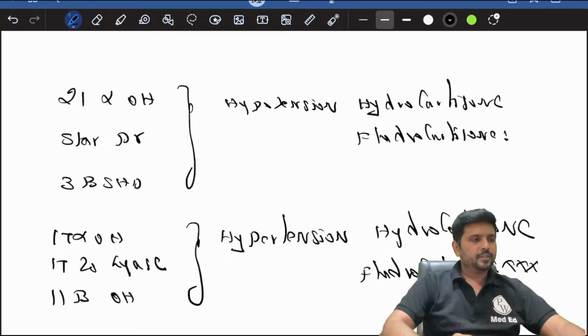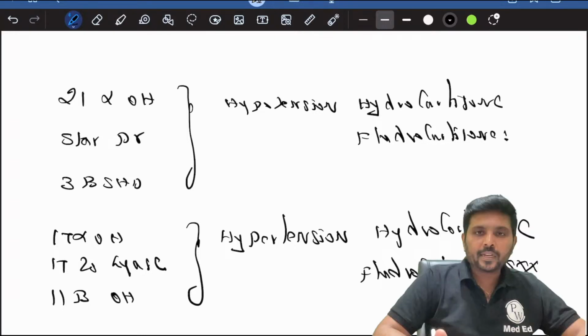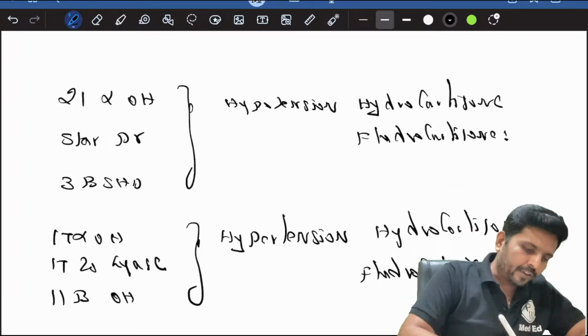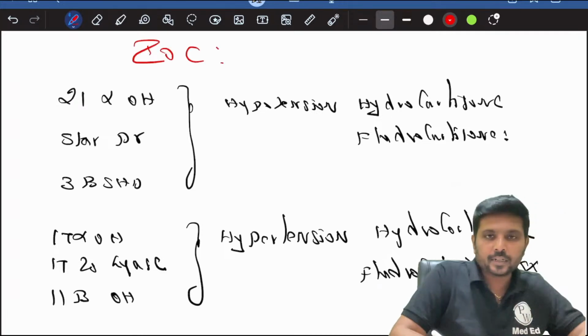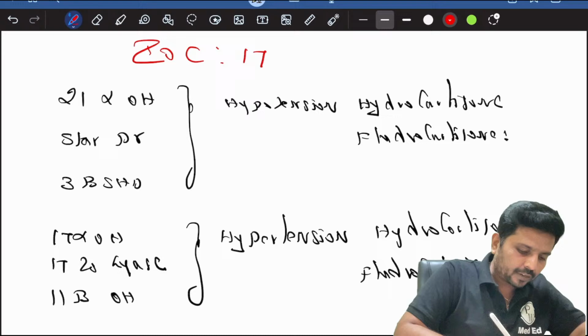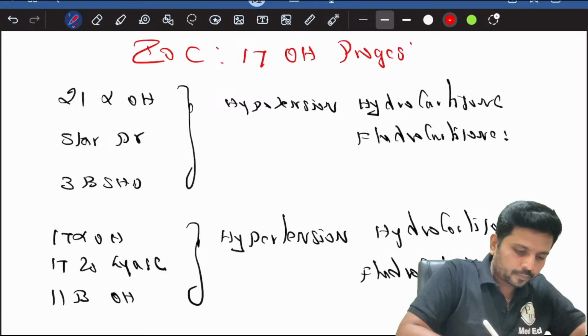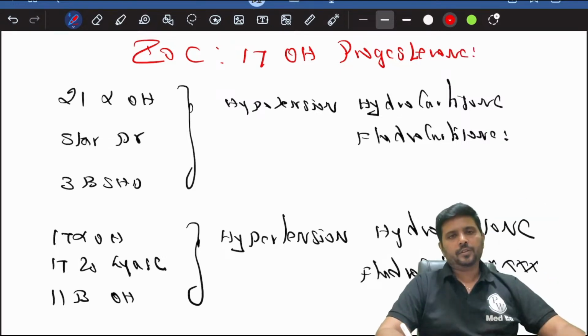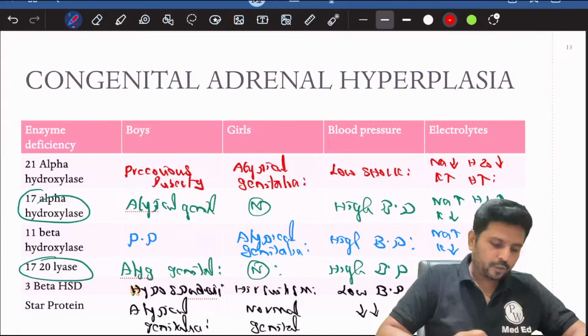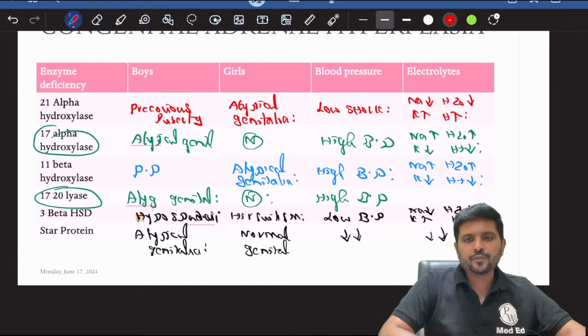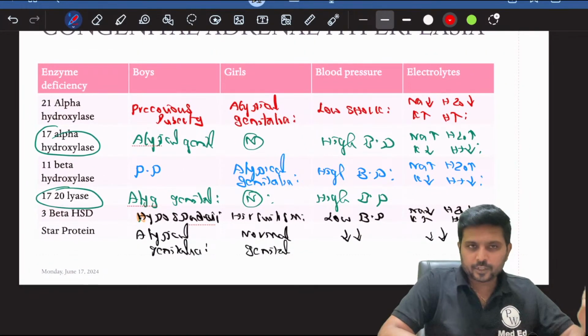So what is the investigation of choice for congenital adrenal hyperplasia? Very, very important. The investigation of choice is 17 hydroxyprogesterone. Definitely this one chart is going to fetch you at least one question correct.